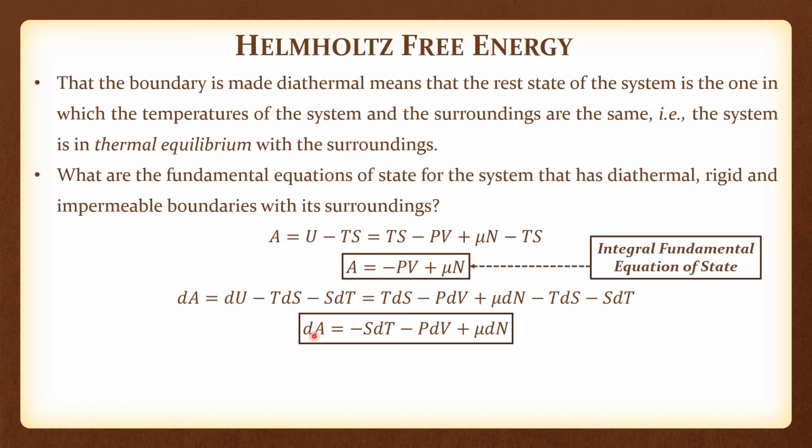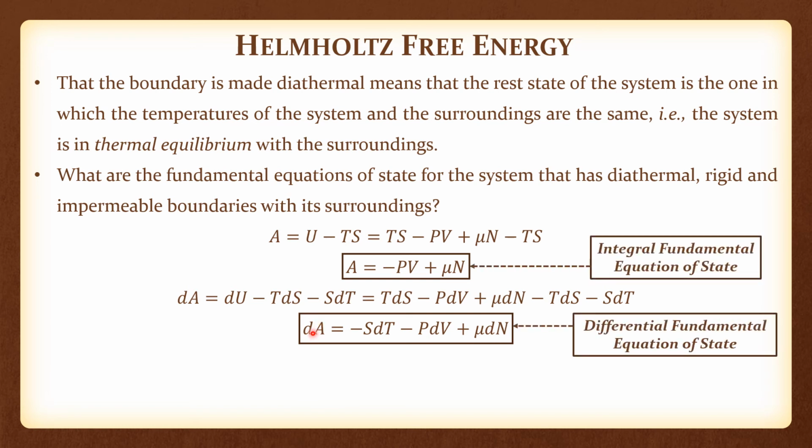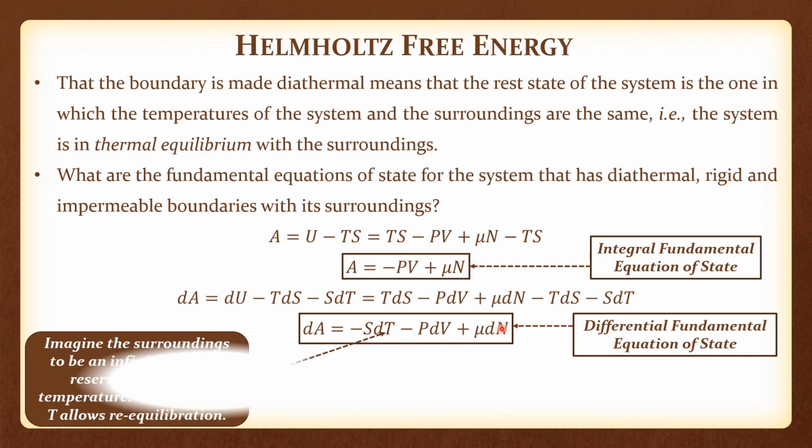the differential fundamental equation of state for the infinitesimal change in Helmholtz free energy, and you see that the independent variables are temperature, volume and number. So once again, what does this mean to have temperature as the independent variable?